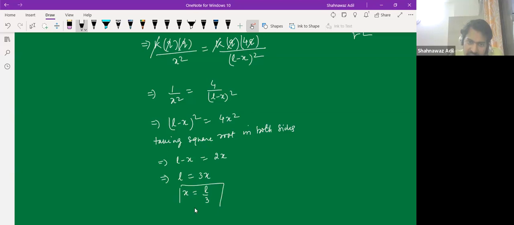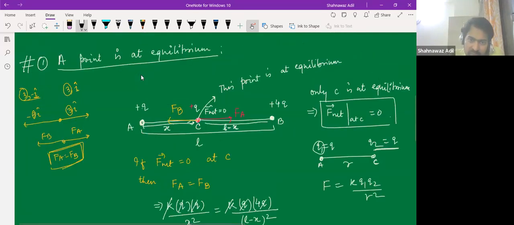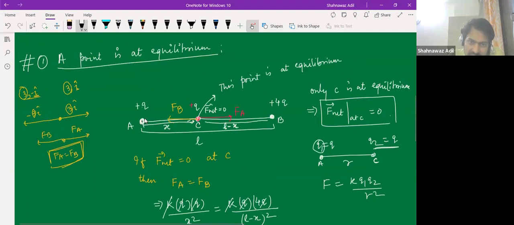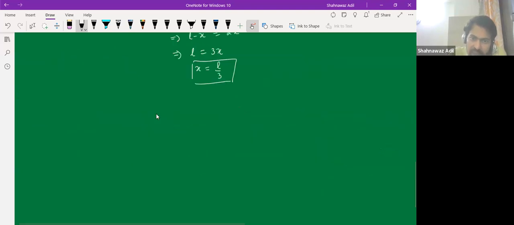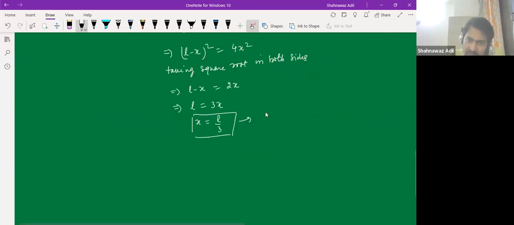Which means that we have to place this charge at L by 3 distance from this plus Q charge. So equilibrium is at L by 3 distance from plus Q charge.